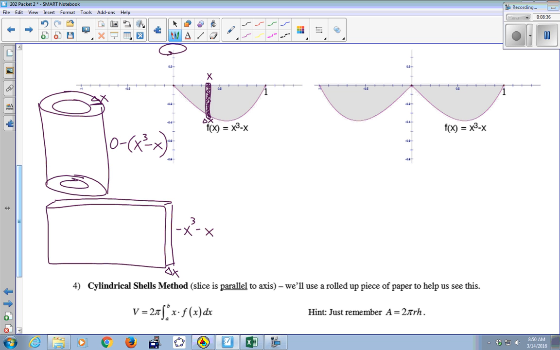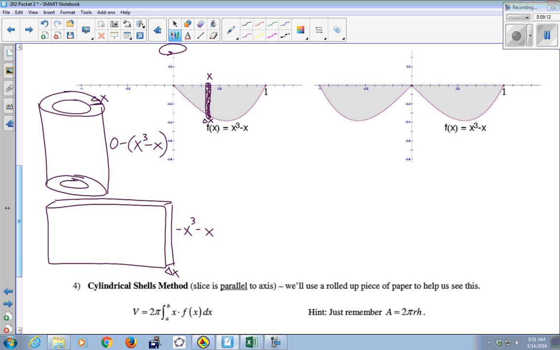So when it was all rolled up, like this, it looks like this. And then when you open it up, the length of this rectangle was actually the circumference of the tube. Okay. True, but what's going to happen is we're going to let delta x go to 0 in the end, right? Eventually, we're going to take a limit as delta x goes to 0. So the fact that those two are different lengths isn't going to matter. Okay.